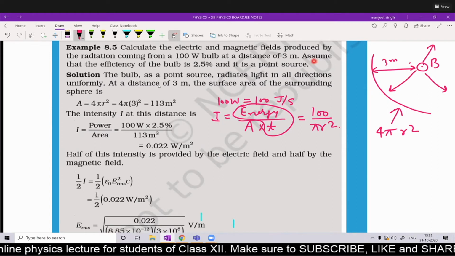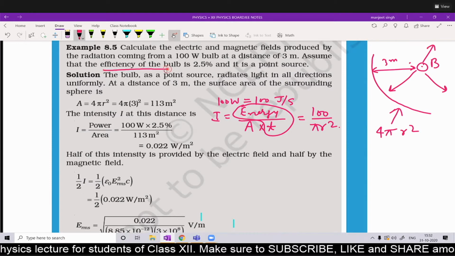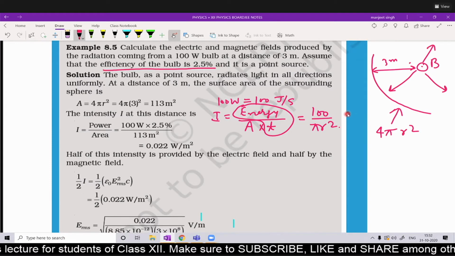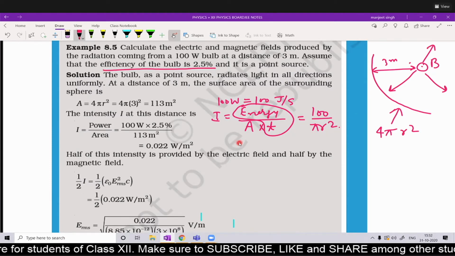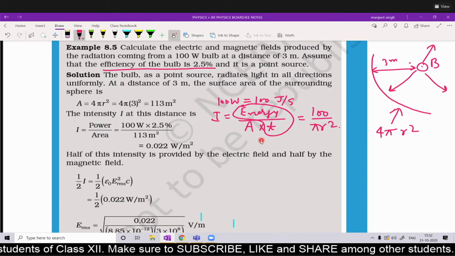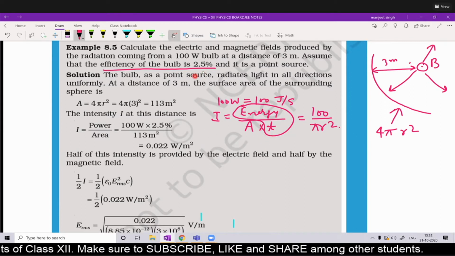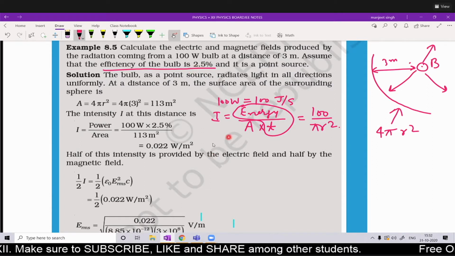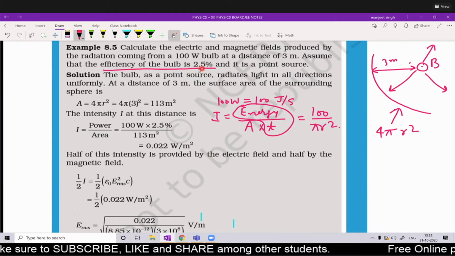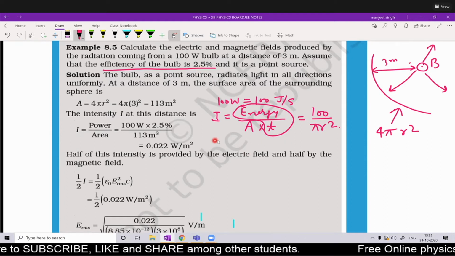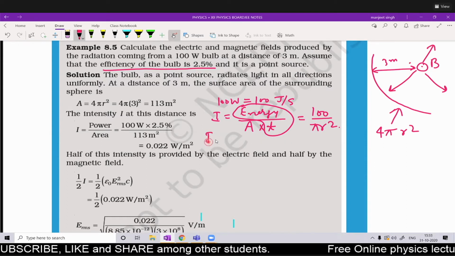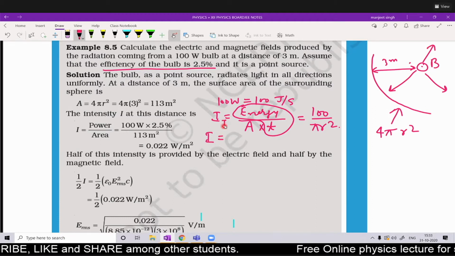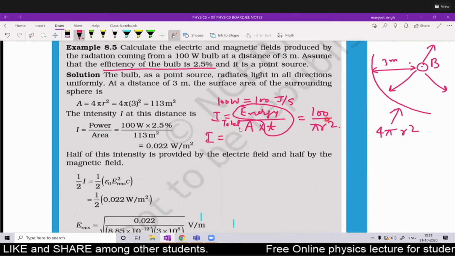But it is saying that the efficiency of the bulb is 2.5%. That means output is only 2.5% of the total. So output upon input is 2.5%. So we have to take that output. The output intensity is, the total intensity is this much.